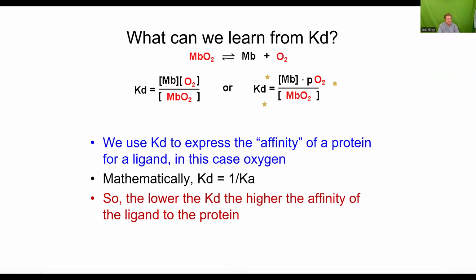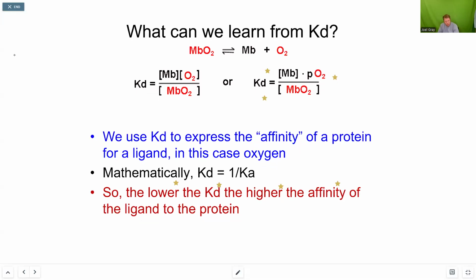The lower the KD, the higher the affinity. So KD and affinity are inversely related. Whenever you see a low KD, that indicates that the molecule is very tightly bound and has a very high affinity.